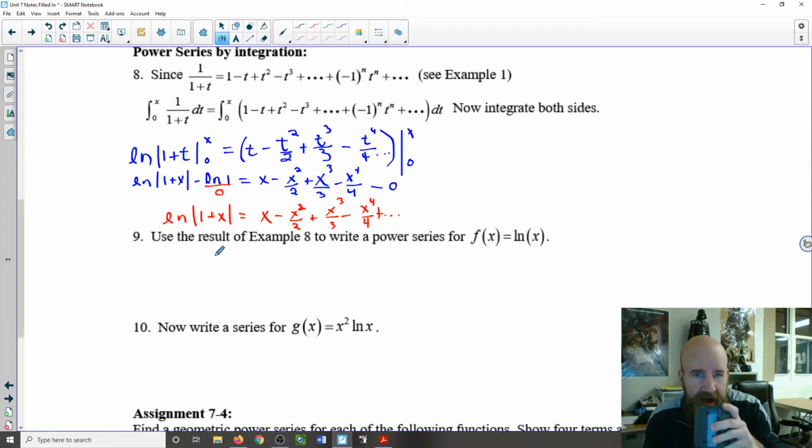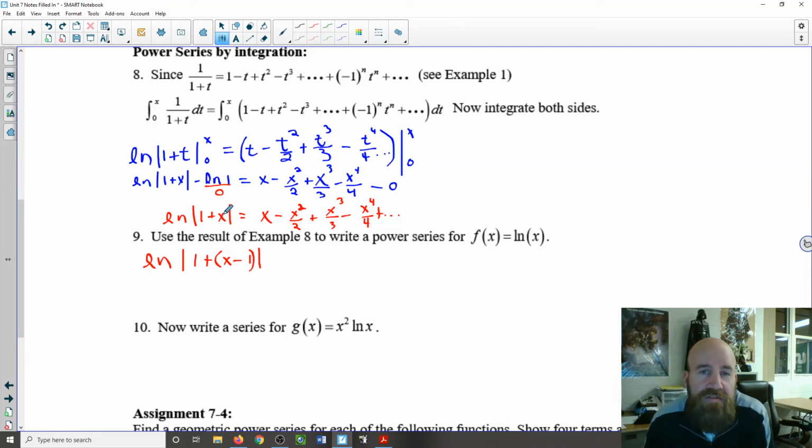So we need to think about how we can match those up. We talked a little bit yesterday how to do that. If I want it in this format, because this is what I know, and I want it to turn into natural log of x, we need to do 1 plus x minus 1.